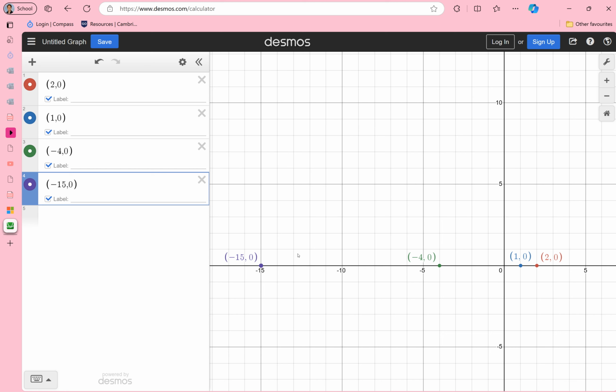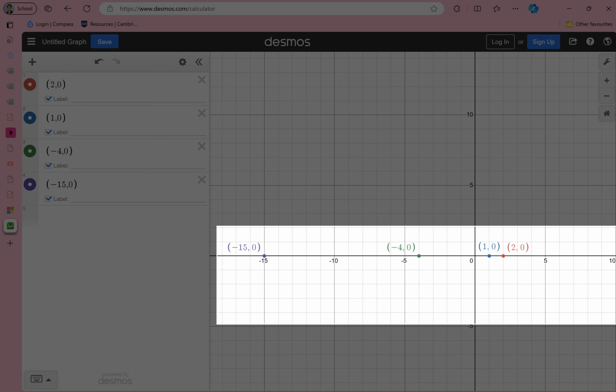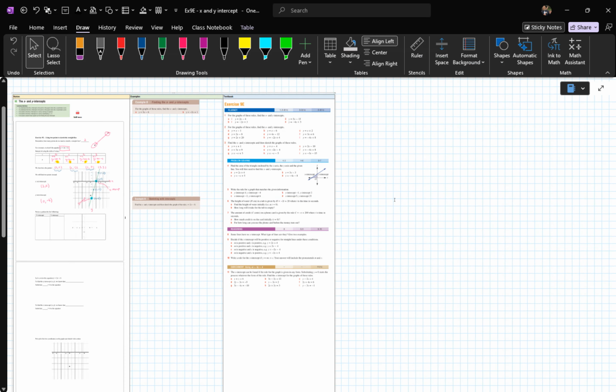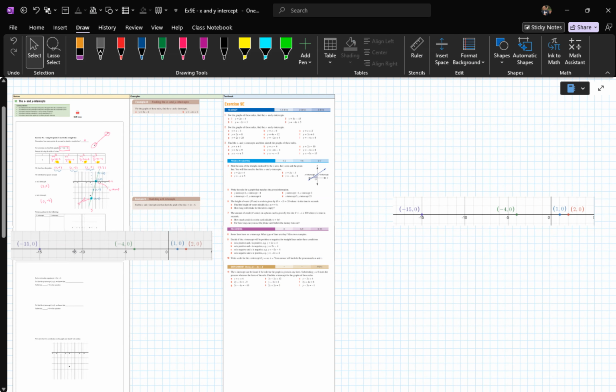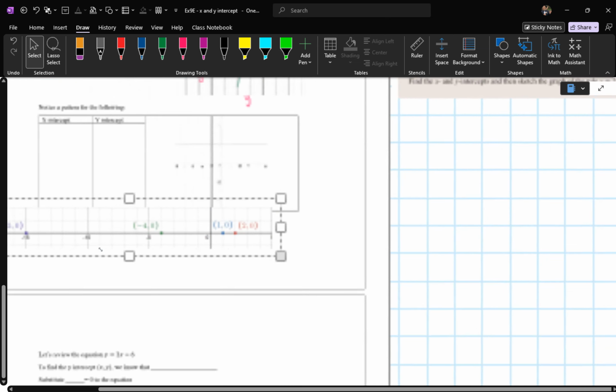So what's the pattern? Every time I want it on the x-axis, what do I notice? What's the pattern of all these 4 coordinates? So hopefully you're starting to see, or at least you might have been thinking about it. Let's analyze it.